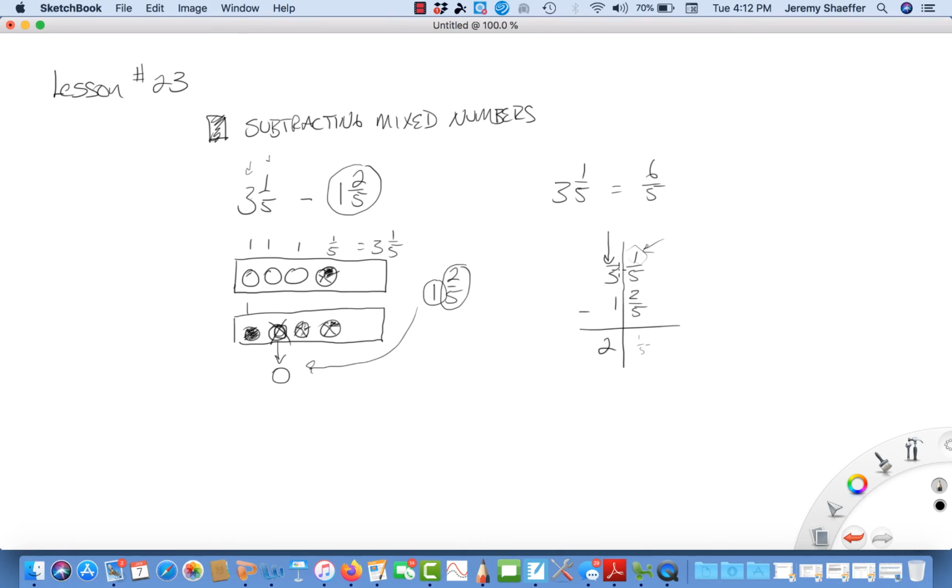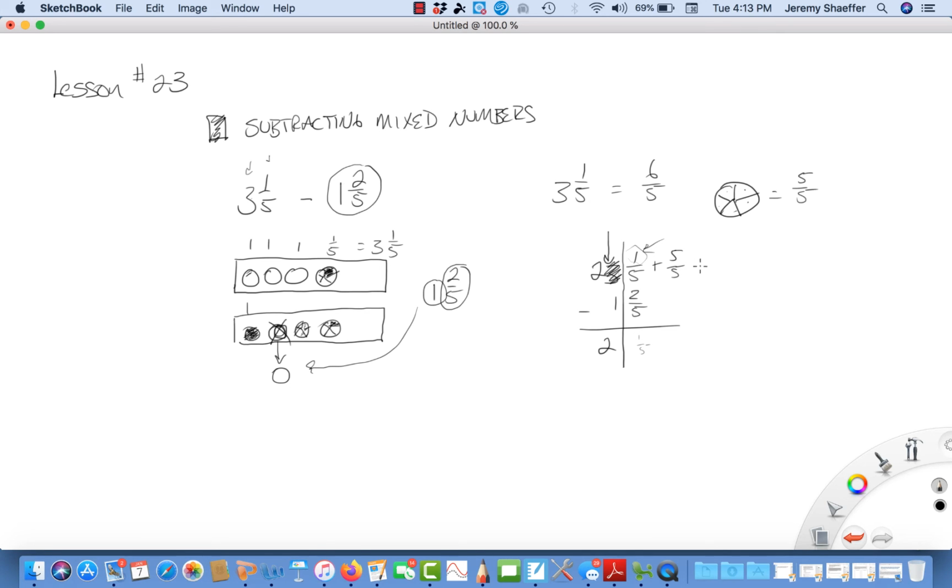So what we do is we borrow from this number, this number 3. In order to take each one of those circles, let's break that down a little bit. Each one of these is worth a fifth, so a whole is 5/5, correct? So what if we eliminate this number and make this 2 and then add 5/5 here?